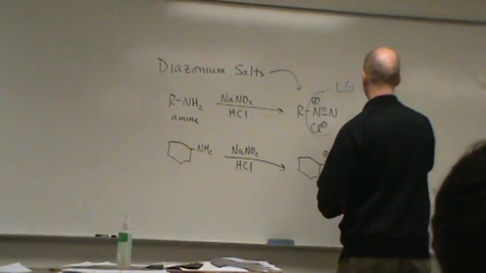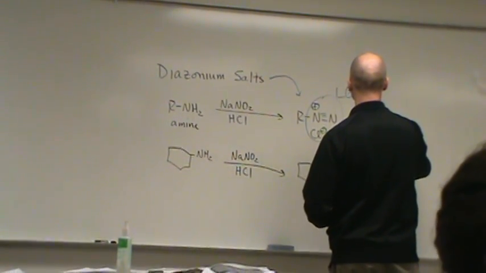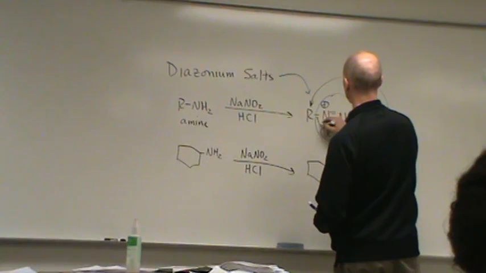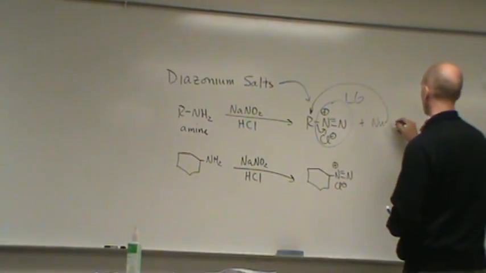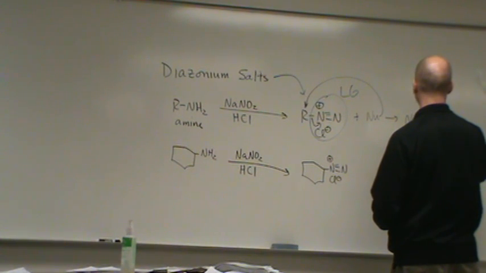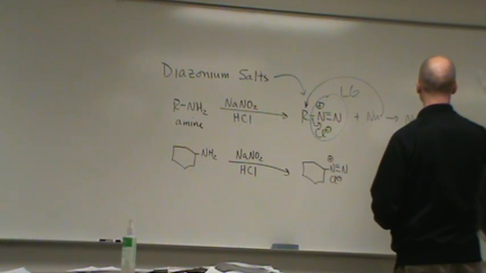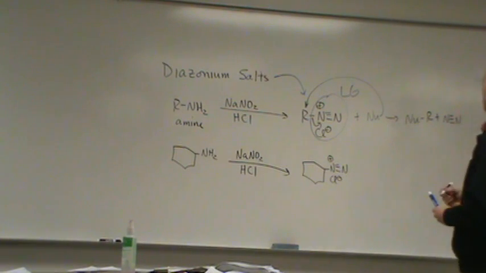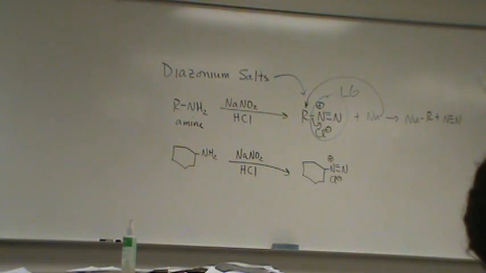So when I react this with a nucleophile, this N triple bond N comes off as a leaving group. All it is is nitrogen gas. Nitrogen gas is very stable, isn't it? So that's a weak conjugate base. Remember, weak conjugate bases are very good leaving groups.